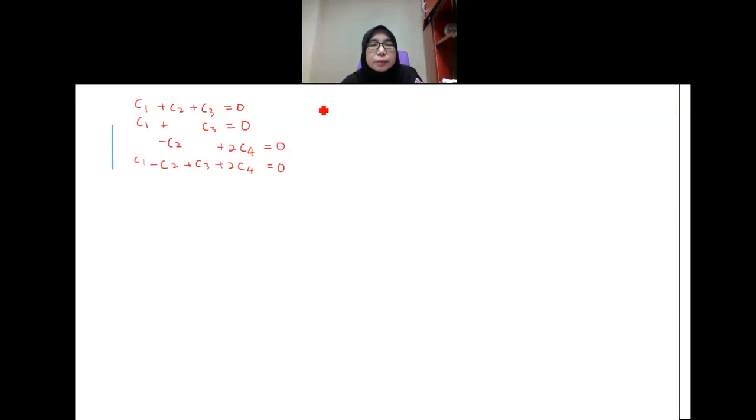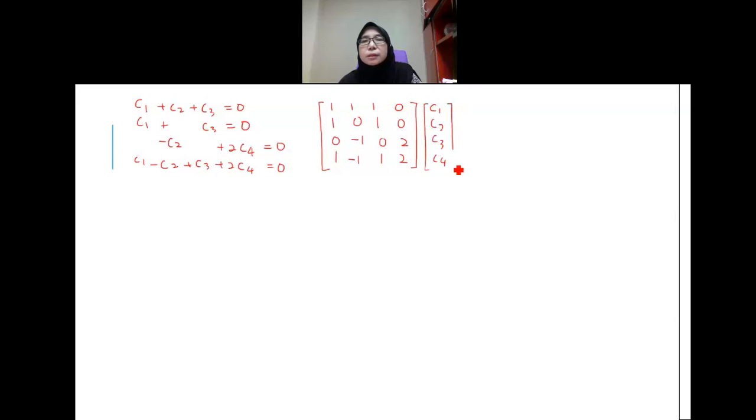Now write the matrix equation. The coefficient matrix is 4 by 4: 1, 1, 1, 0, then 1, 0, 1, 0. The variables are C1, C2, C3, C4. The constants are 0, since I take the equations for linear independence.